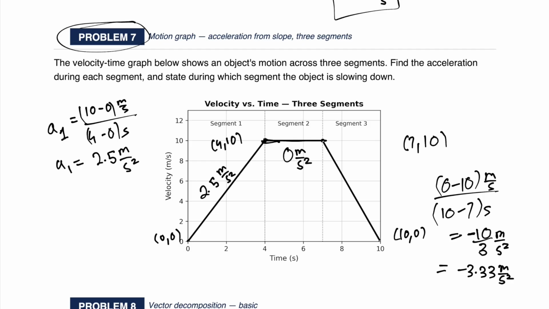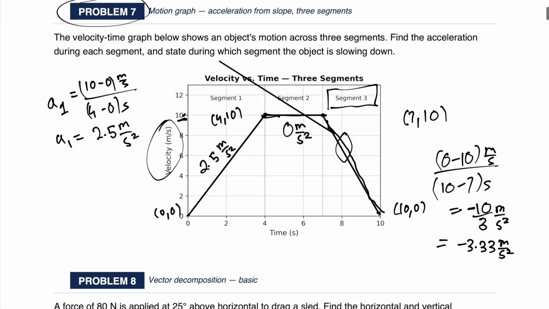And since the object's velocity is positive, but the acceleration here is negative, you can see the velocity was pretty high at 10, but it's going down here. That means it's slowing down in segment 3.